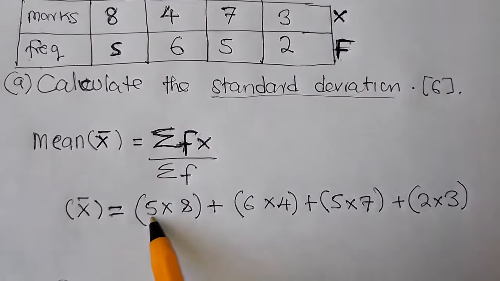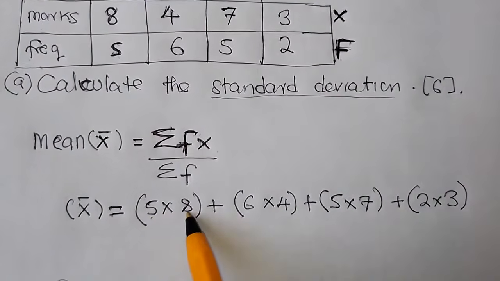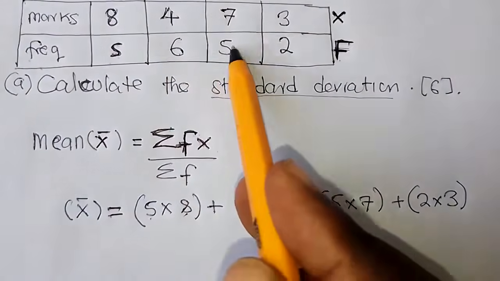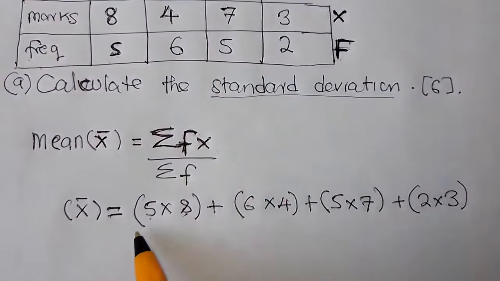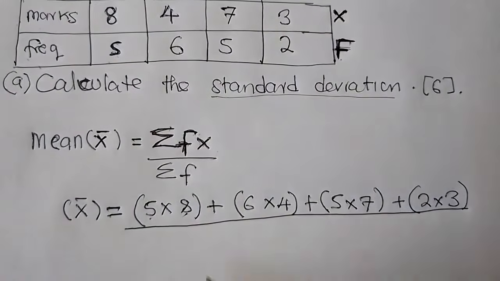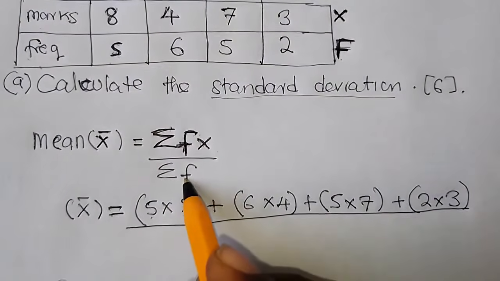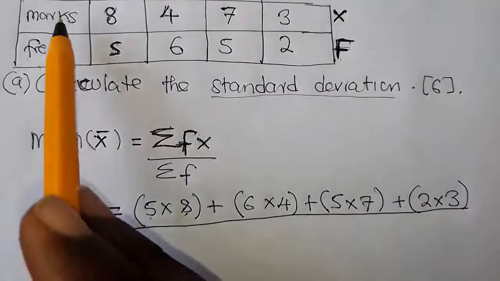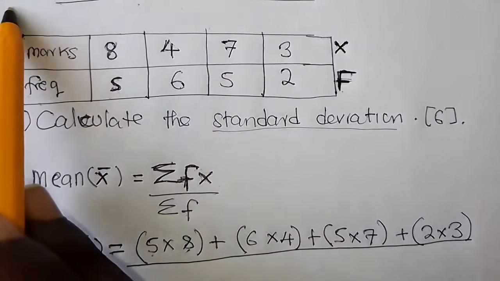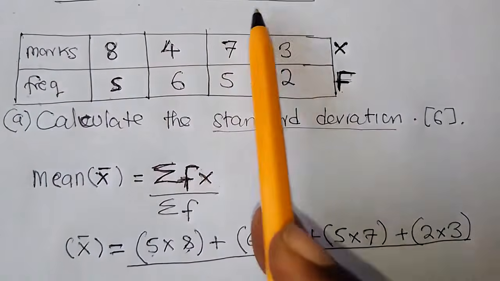So before saying 5, you multiply frequency times x until you finish all these, this times that, this times that. Then you say over the total frequency. In certain questions, the total frequency will be given in the sentence above the question.